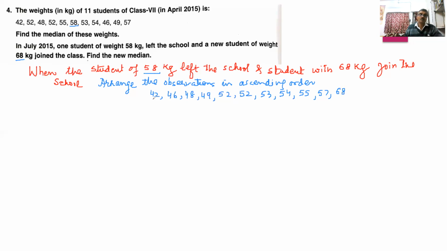Now count the number of observations. 1, 2, 3, 4, 5, 6, 7, 8, 9, 10, 11. Right? Since n, the number of observations, is 11, which is odd, therefore median is equal to the n plus 1 by 2th observation.